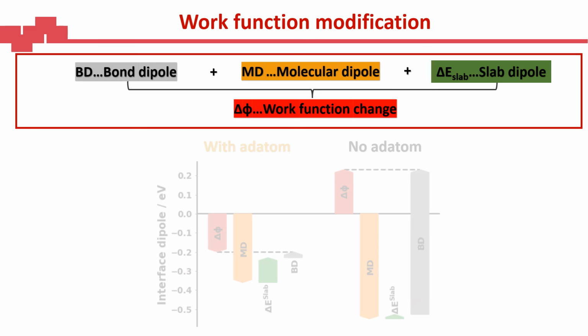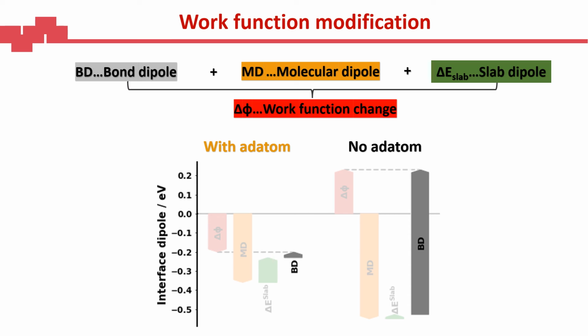Now, in order to determine the work function modification by the adatom, one must know that there are three different dipoles at the interface, adding up to increase or decrease the work function. And therefore, right here, we illustrate the single contributions of these three dipoles to the overall work function modification.